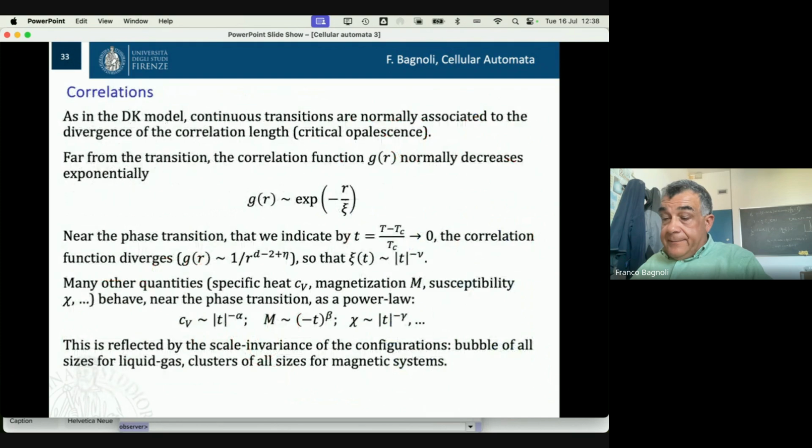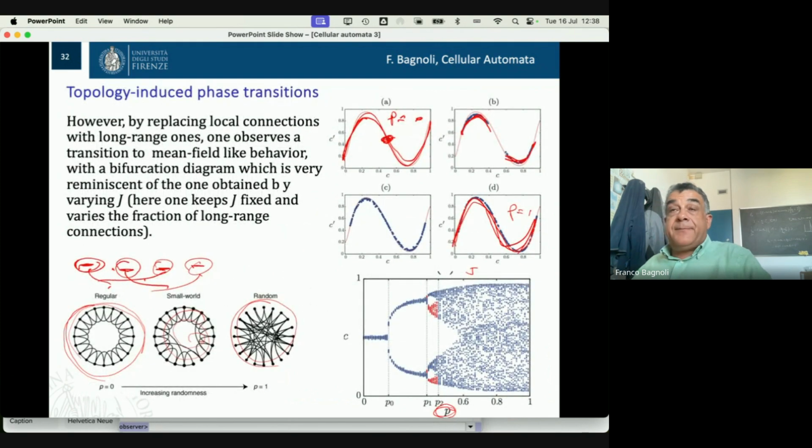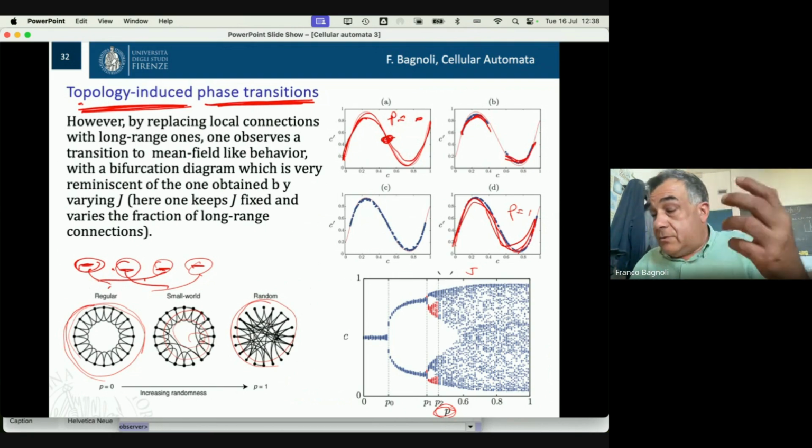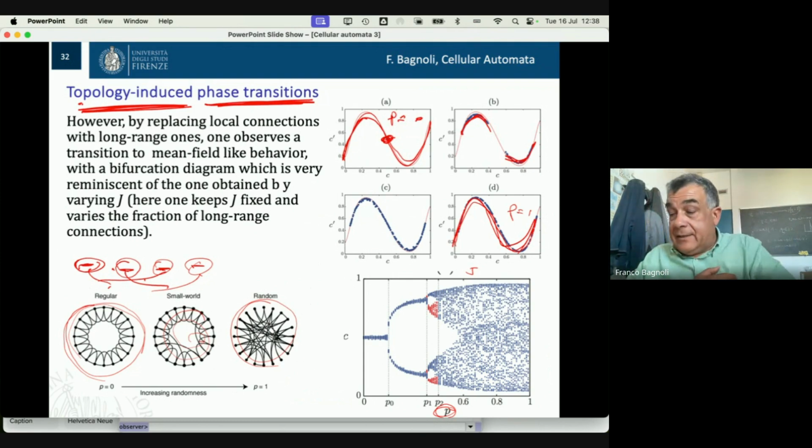And this is also an interesting effect, a phase transition induced by a change of the topology of the connection, which is also something that has been rarely studied.